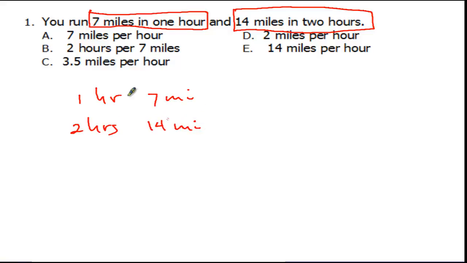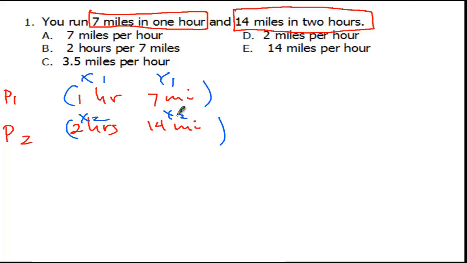So if this will be my first point, and this is my second point, I can represent this as my x1, y1, and this is my x2 and then y2. Now note that my time, in this case hours, is under our x values.